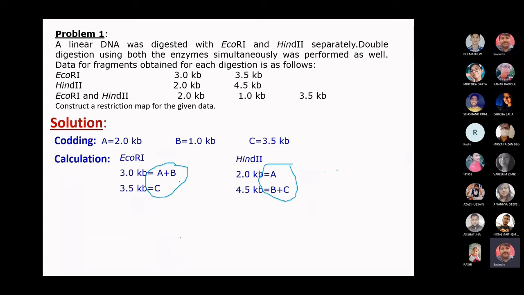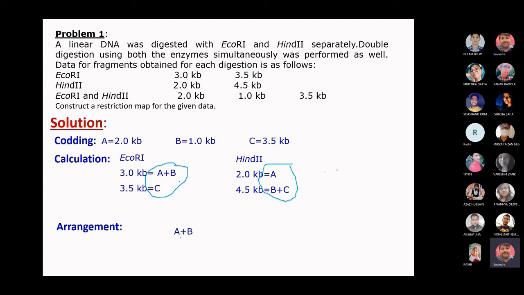And then we will arrange it. How will we arrange it? First of all, we can write anything. You can write B plus C first, or you can write A plus B first. There is no thumb rule about what to write first. But any fragment which has more than one code, you should write; you cannot write simply C. You have to write A plus B or B plus C, minimum two fragments should be there.